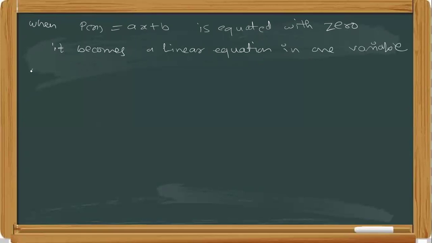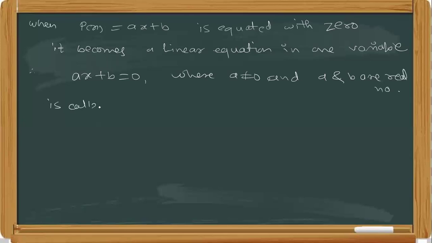Therefore, ax plus b equals 0, where a is non-zero and a and b are real numbers, is called a linear equation in one variable. Okay, this is it.